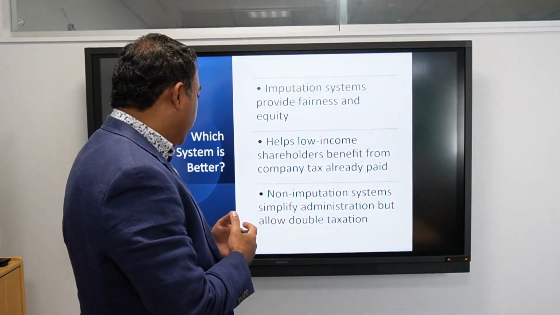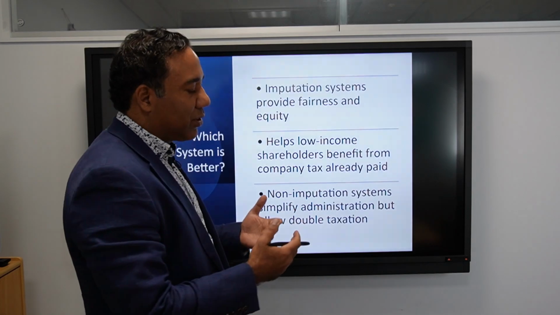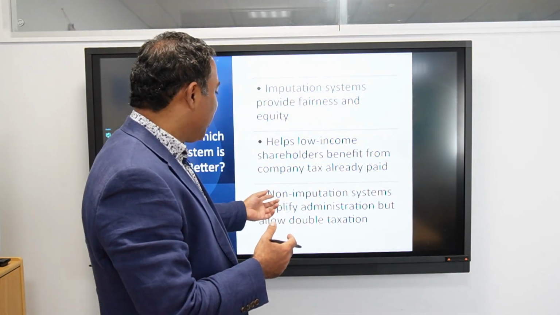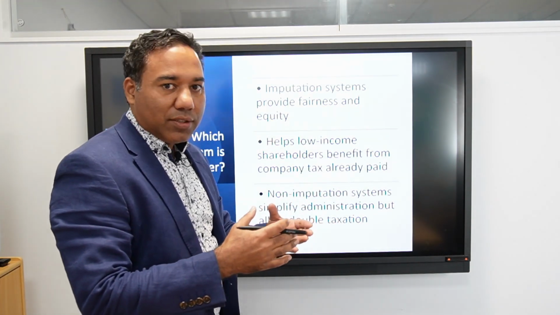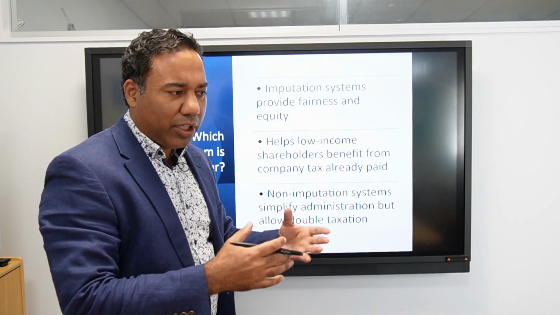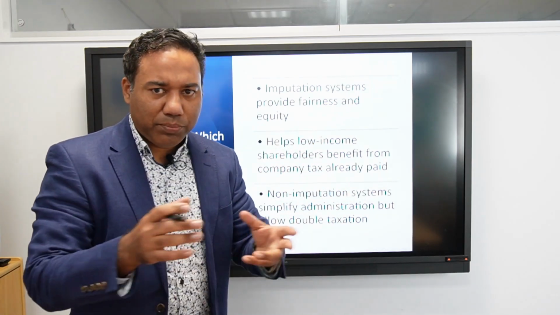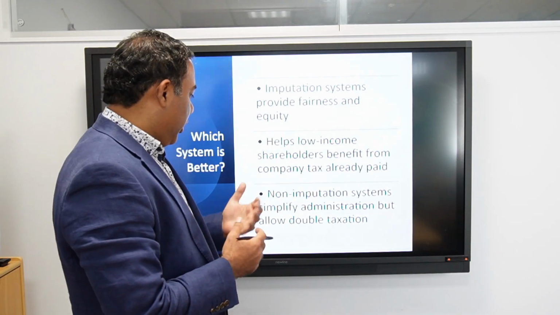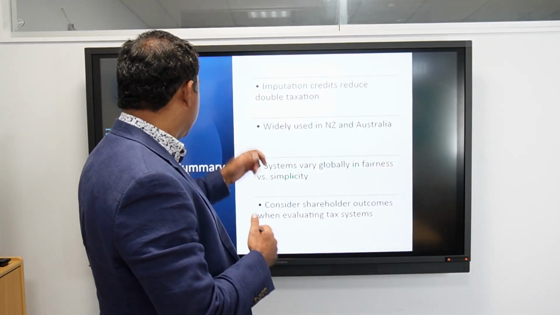Non-imputation systems simplify administration but allow double taxation. So they are both different. If you do not have an imputation credit system, there is no administration of how much tax the company has paid, passed on from A to B and B to C, and all sorts of compliance is gone. However, double taxation may arise due to this.